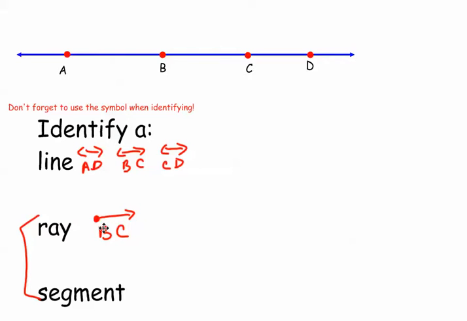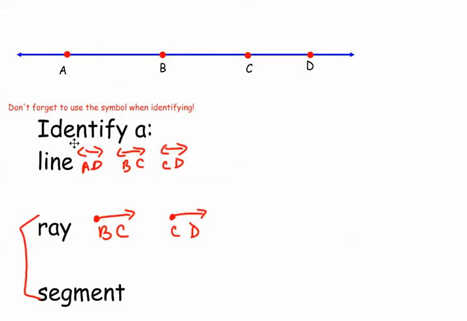But does ray BC include the point A? If I start here and go forever this direction, no, it's not including point A. Okay. Let's say if I said ray CD. Ray CD means it goes from here to here. That means it does not include either point A or B.